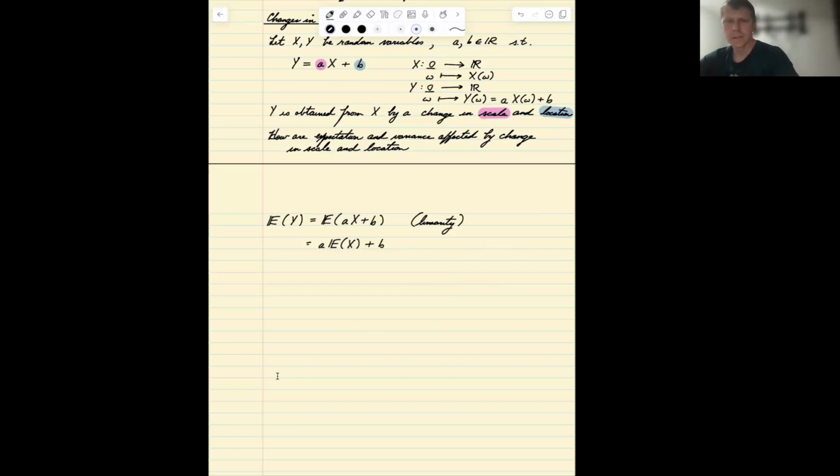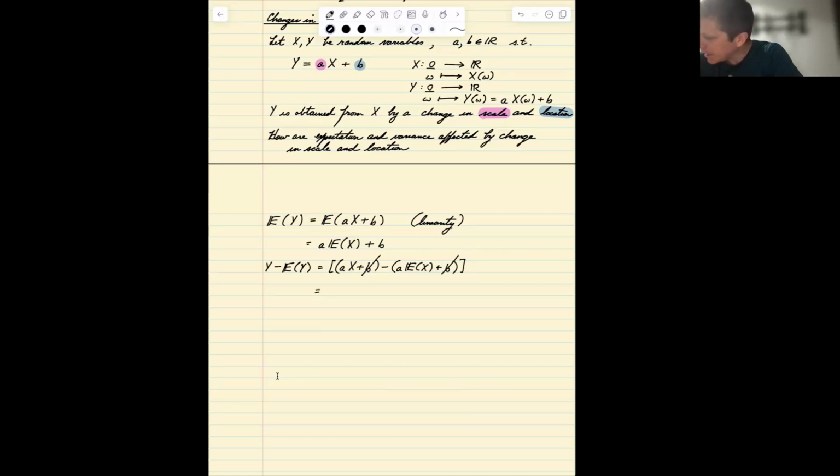Okay, so that's nice. So what is Y minus the expectation of Y? Well, Y by definition is aX plus b. The expectation of Y is a times the expectation of X plus b. So we have this quantity here. We see that this piece and this piece will cancel.